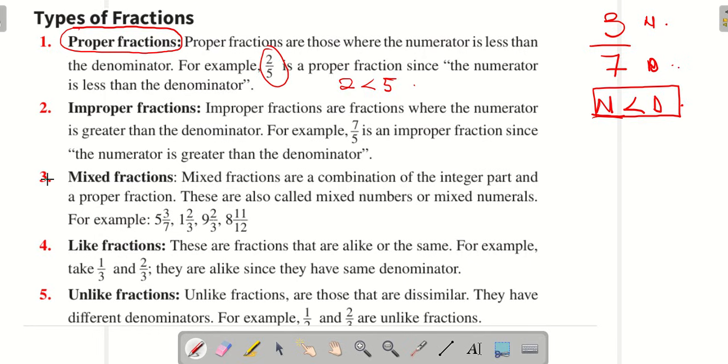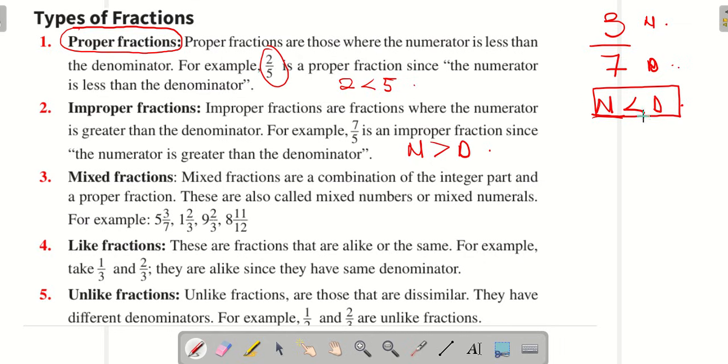Our next type of fraction is improper fractions. Improper fractions are fractions where the numerator is greater than the denominator. So in this case, the numerator is greater than the denominator.